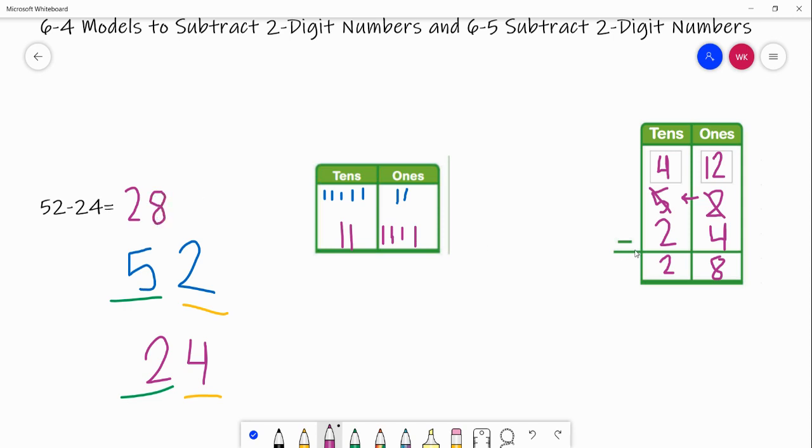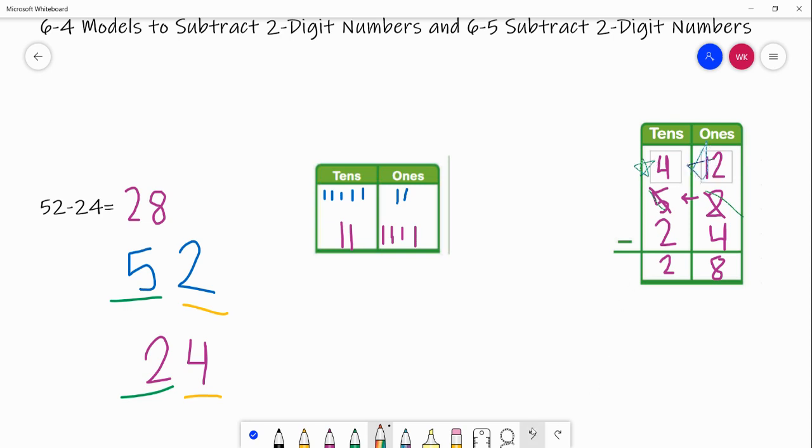Just like that. So I highly recommend, I think the most important thing when you regroup is remembering all the steps. So remember, you need to cross off these numbers because they're different numbers now. So you need to cross them off so they don't confuse you while you're subtracting. So highly recommend always crossing off those numbers because those are the old numbers and you made new ones up here with the 4 and the 12.